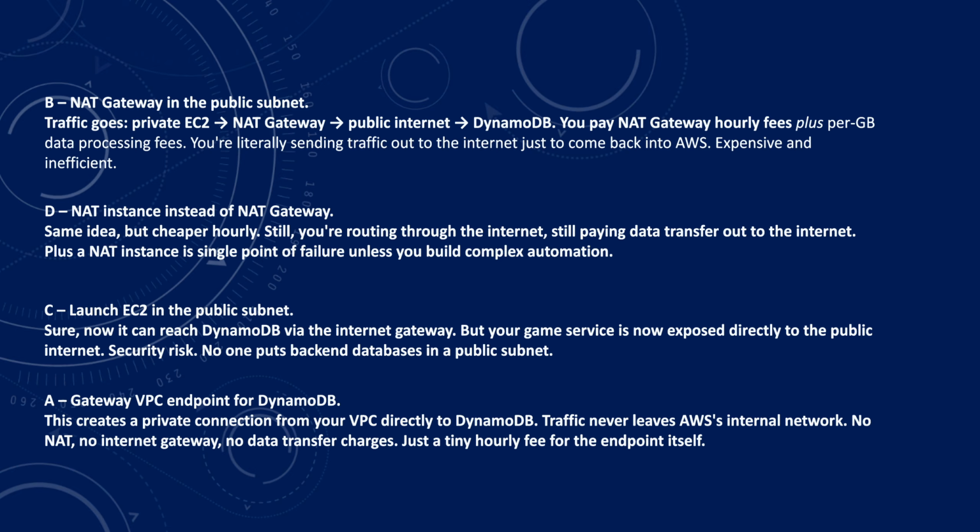Traffic never leaves the AWS internal network. No NAT, no internet gateway, no data transfer charges, just tiny hourly fees for the endpoint itself. I think it is $0.01 for using the endpoint, so we can save lots of money. So in this case, option number A is the correct option.